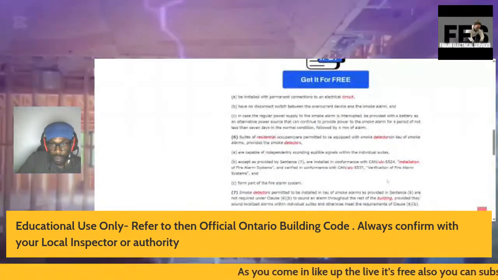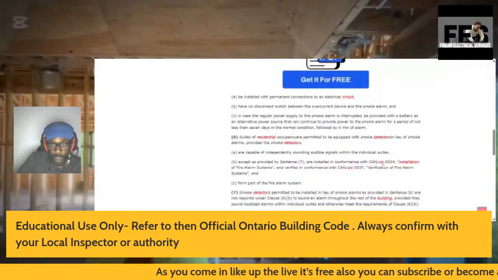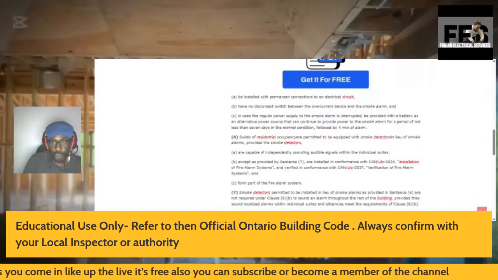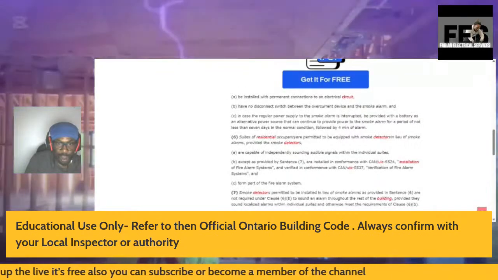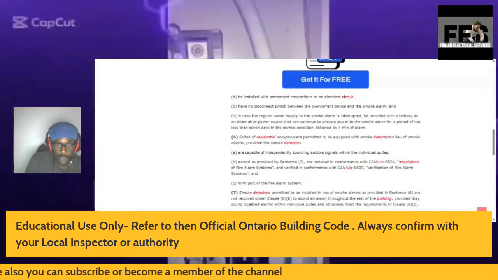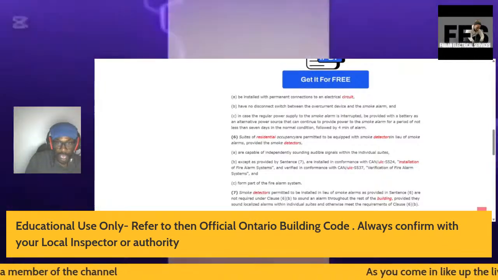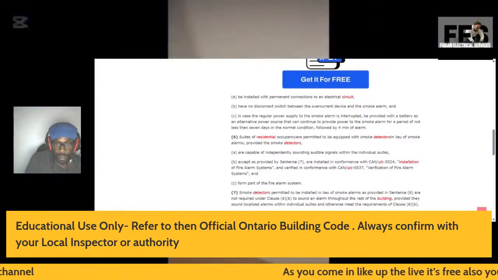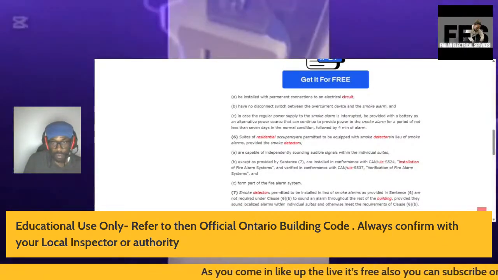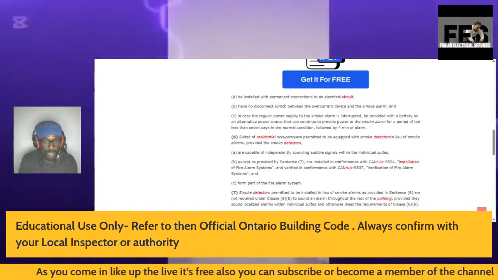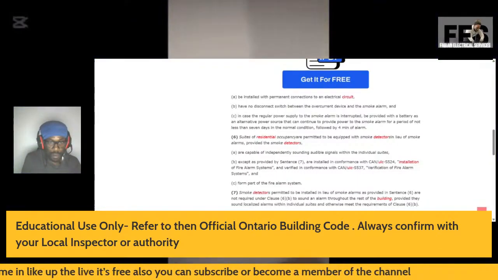are installed in conformance with CAN/ULC-S524, Installation of Fire Alarm Systems, and verified in conformance with CAN/ULC-S537, Verification of Fire Alarm Systems, and form part of the fire alarm system.